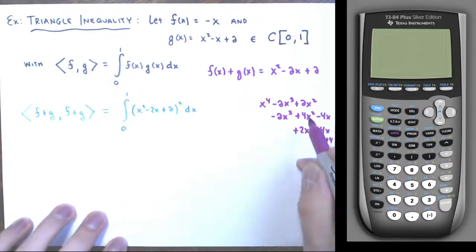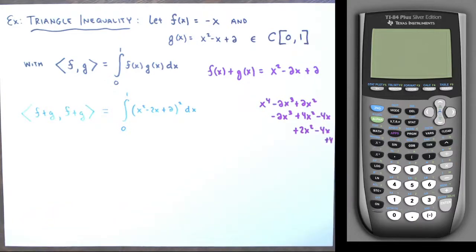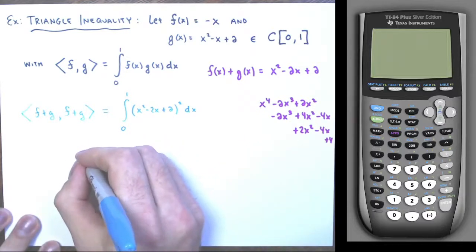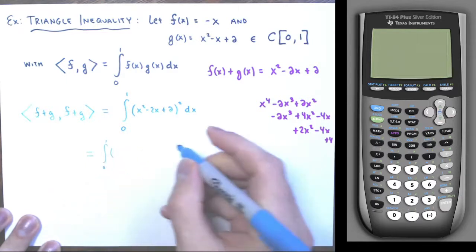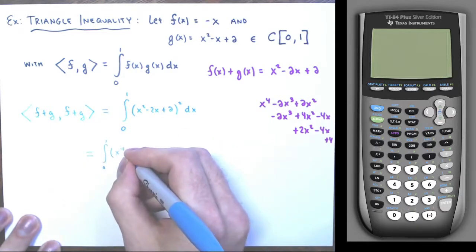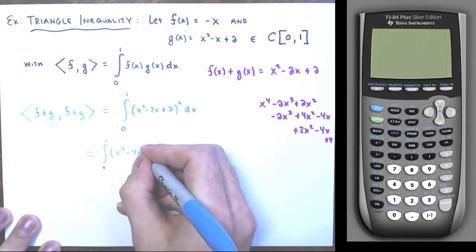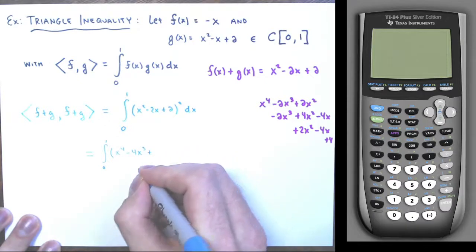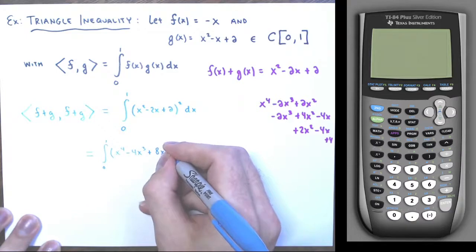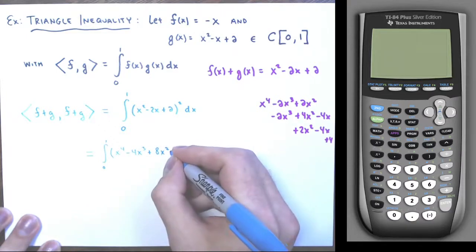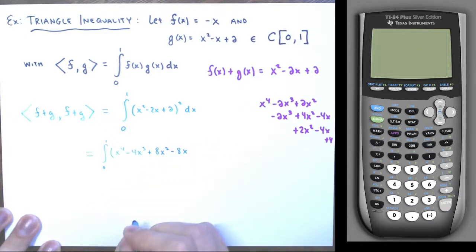And then we combine like terms. So this is the integral from 0 to 1 of the following polynomial: x to the 4th minus 4x cubed plus 8x squared minus 8x, then plus 4.